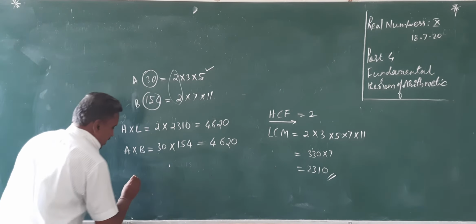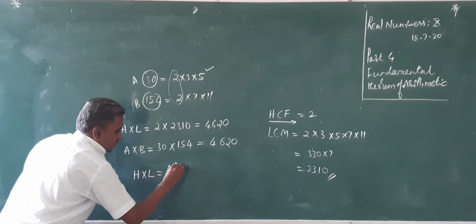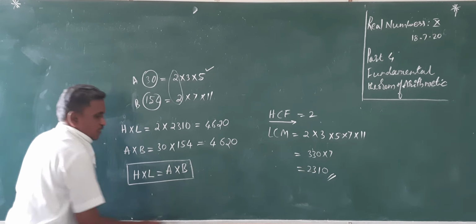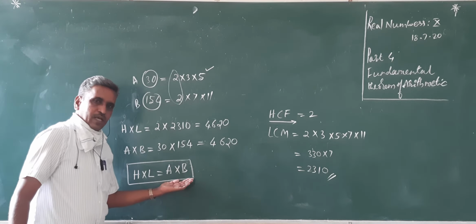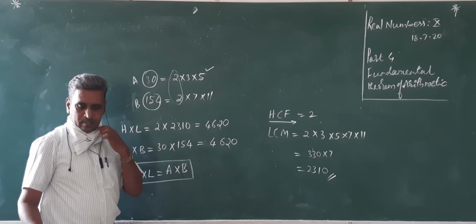So you can understand that H into L is always equal to A into B. This is the relation between the two terms and their HCF and LCM. Very important relation.